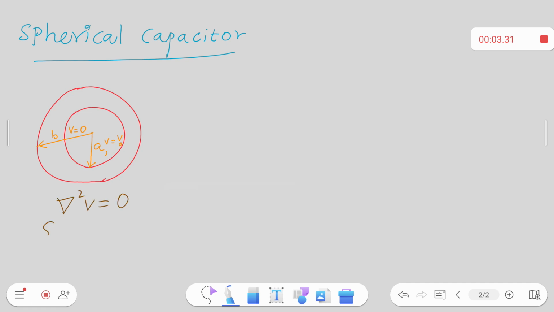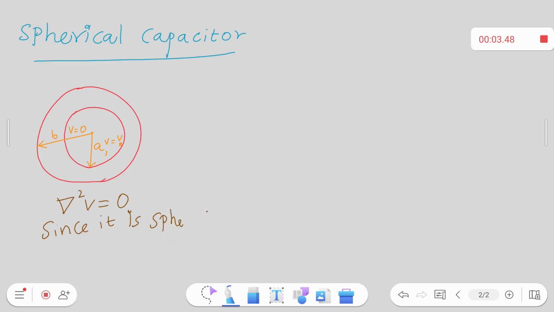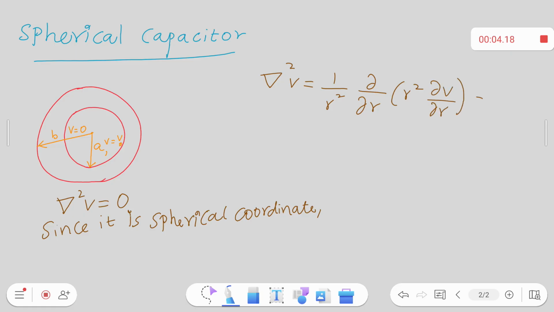Since it is a spherical coordinate system, as we have taken sphere, this del square V can be written as del square V is equal to 1 by r square dou by dou r of r square dou V by dou r is equal to 0.